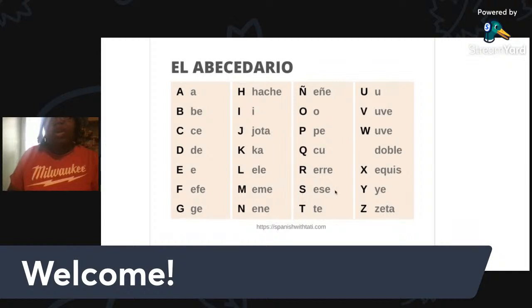Ese, which also se makes the same sounds as ese, which is the s sound. So you rotate them, the se is tricky because when you're spelling a word, it may be an ese or it may be a se, or it could be a se or a ka.